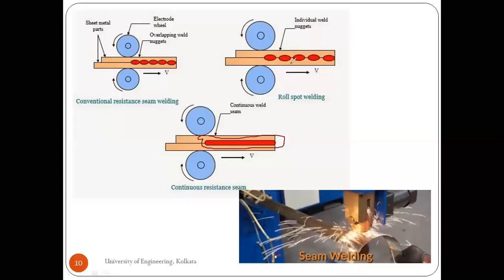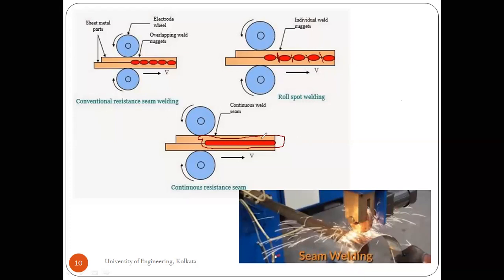In the previous case, there is a gap, so there can be leakage through these places, right? Now, in case you are trying to manufacture any kind of fuel tank, you will definitely not like this kind of gaps. So it is beneficial that you will have a continuous resistance seam welding in this manner, right?